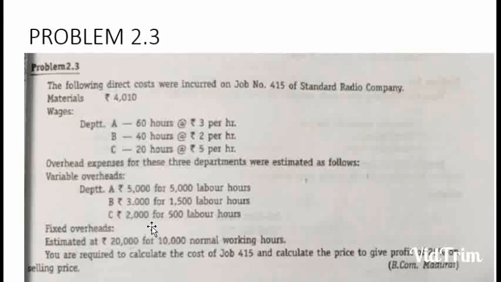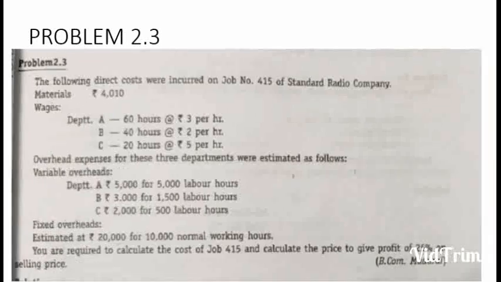So let us get into the calculation. According to the calculation, material and direct expenses are given. When we add up all the direct expenses, we get our prime cost.